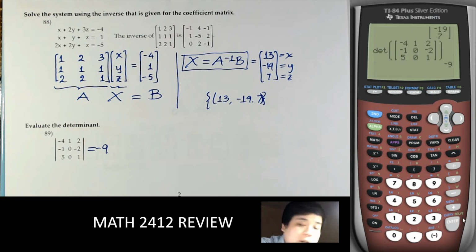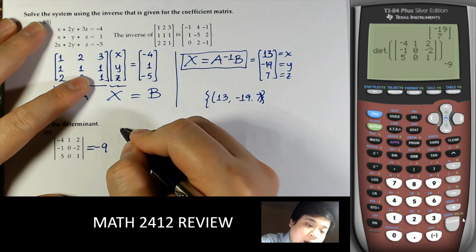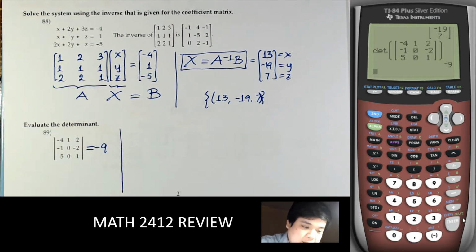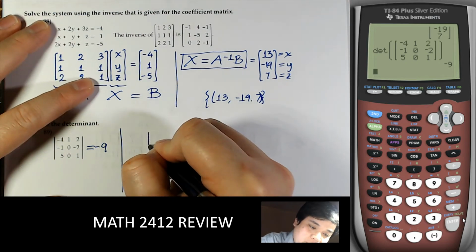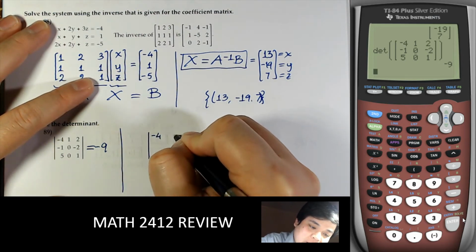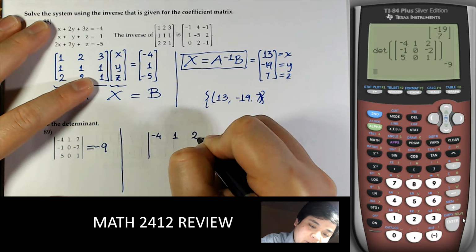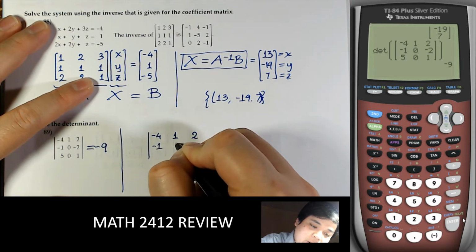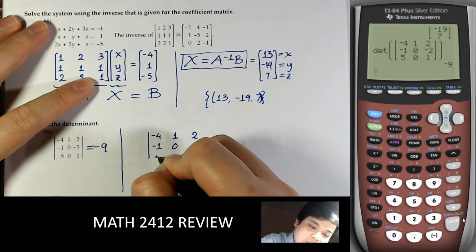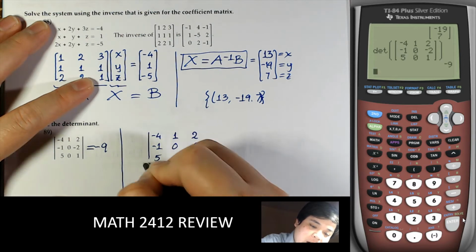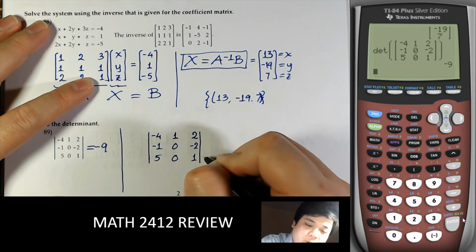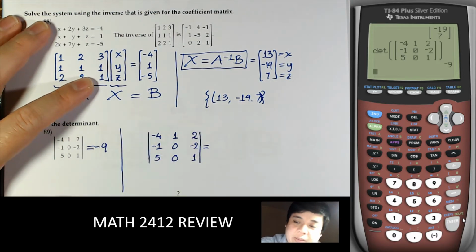Right. If we want to do that by hand, we will have -1, -4, 1, 2, -1, 0, and -2, 5, 0, and 1. This only works for a 3 by 3 matrix.